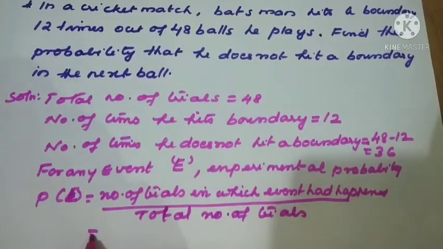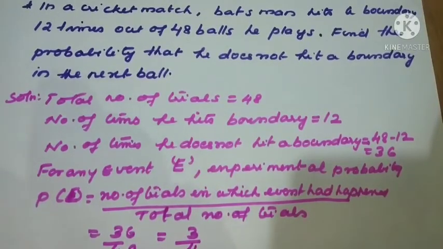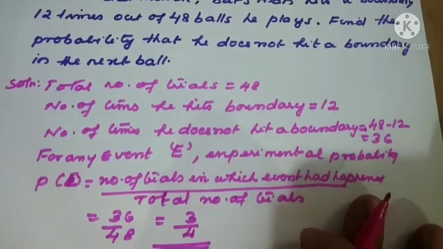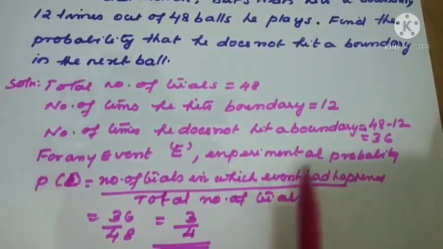Means 36 by 48 equal to 3 by 4. So the probability of not hitting the boundary equal to 3 by 4 only.